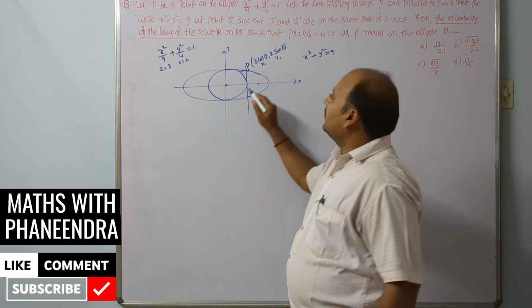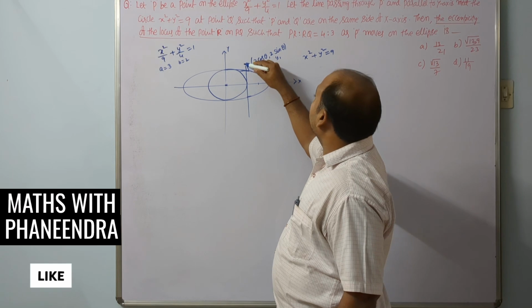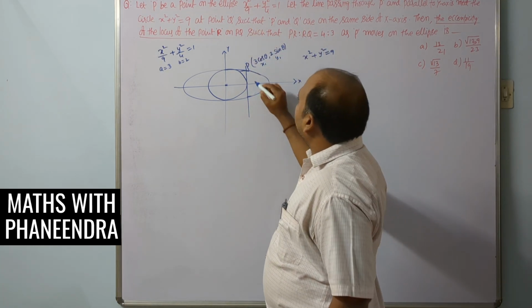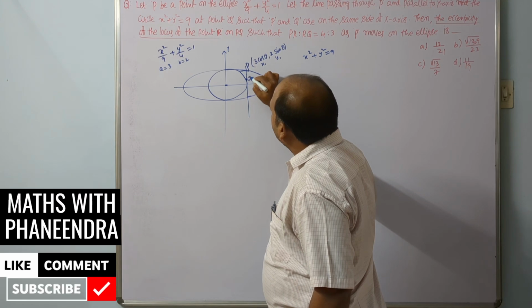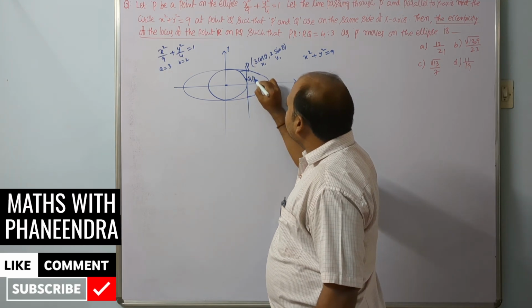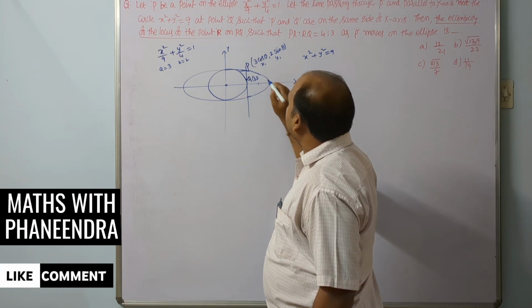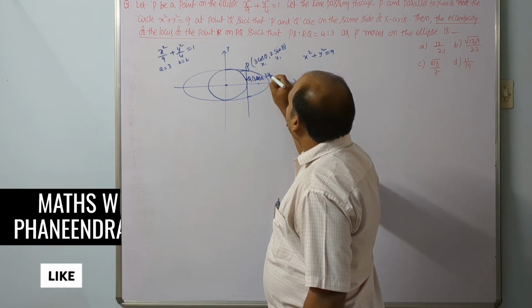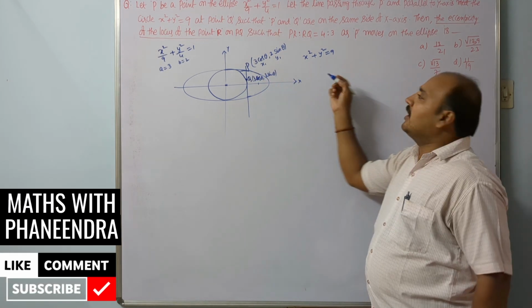The line meets the circle at the point Q. What is the parametric point on the circle?